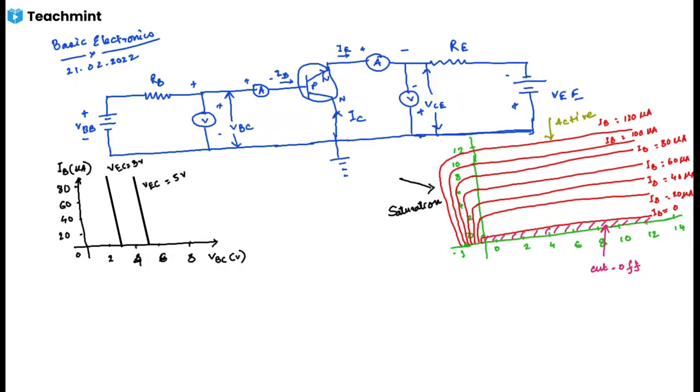So the dynamic input resistance can be calculated like this: Ri equals delta VBC by delta IB, for VEC equals constant. And the dynamic output resistance Ro can be calculated by delta VEC by delta IE, at IB equals constant.